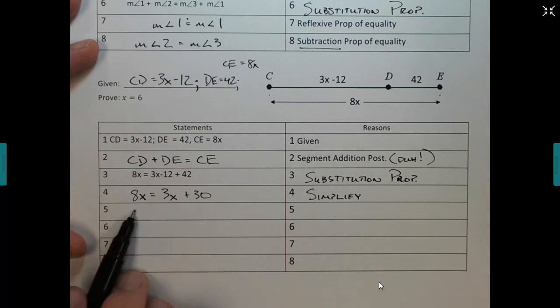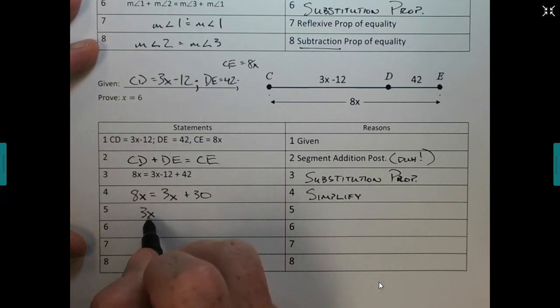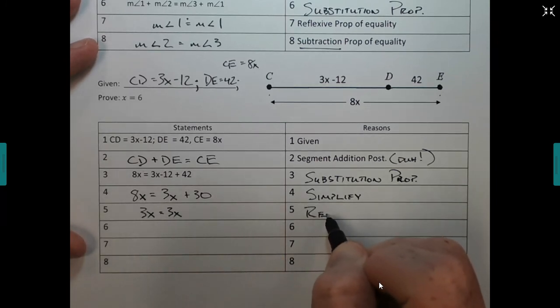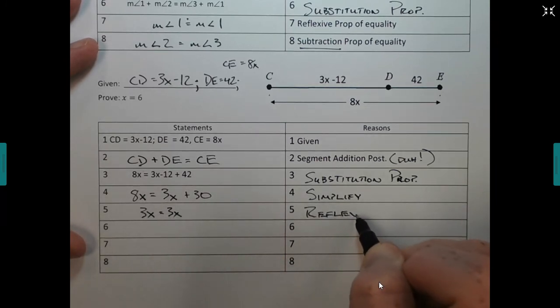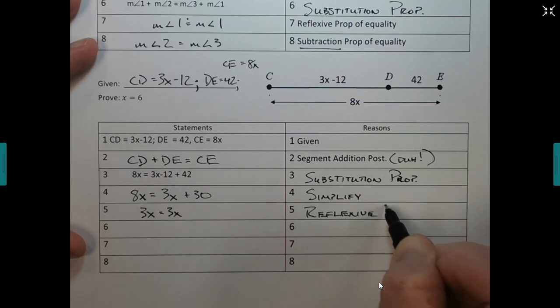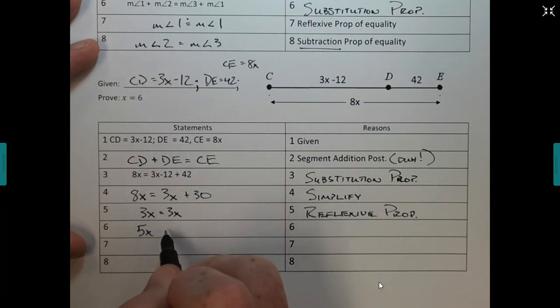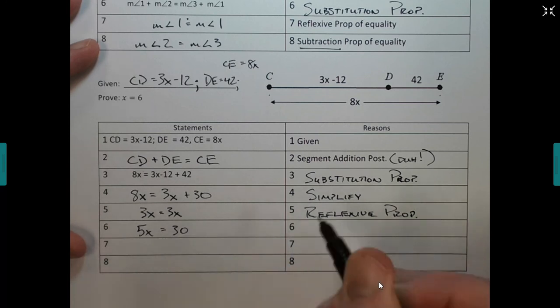Next, I'm going to move all the x's to one side, but I'm going to go and do a reflexive step just to really slow this idea down. I'm going to announce to everybody we're about to mess with 3x, and then I can take it away on both sides using subtraction.